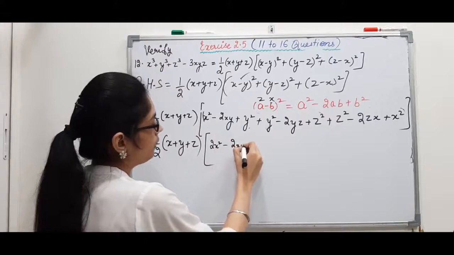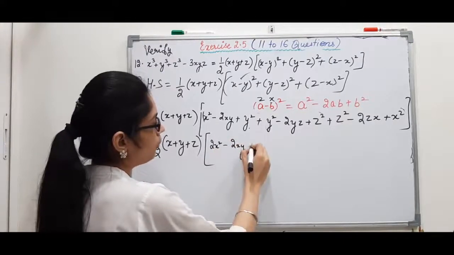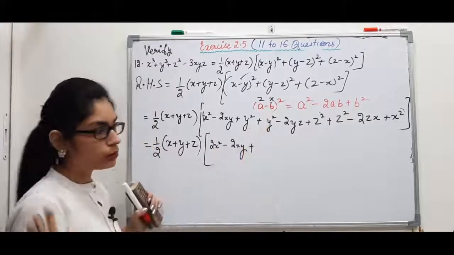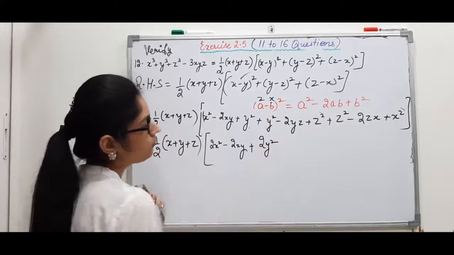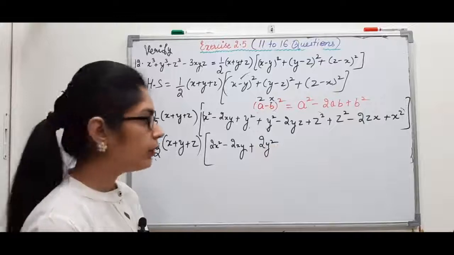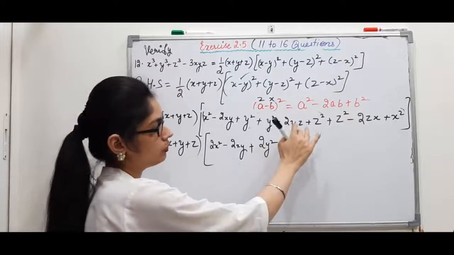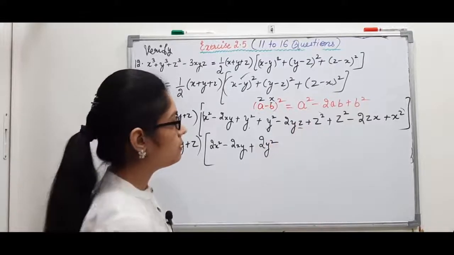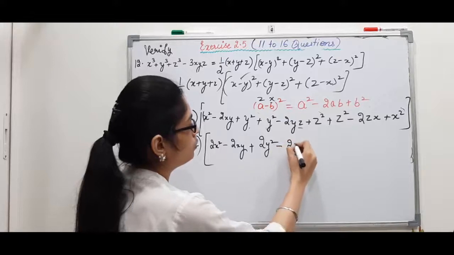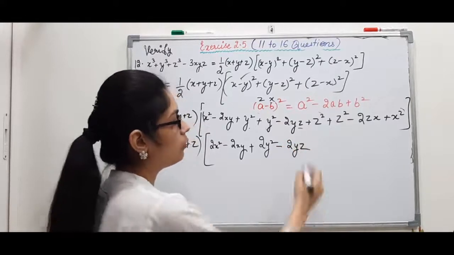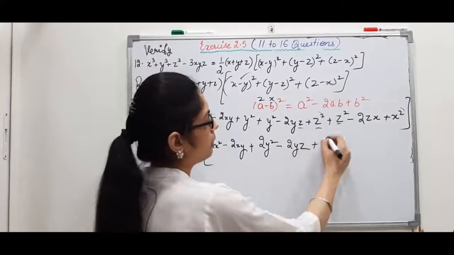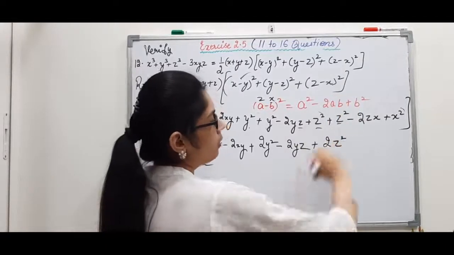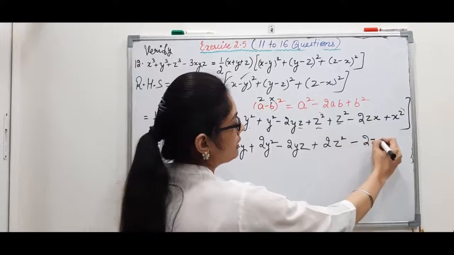Now y square plus y square becomes 2y square. Then this term, no like term is there, so we write it as it is. Now z square plus z square becomes 2z square minus 2zx.